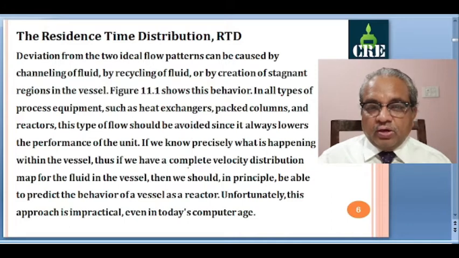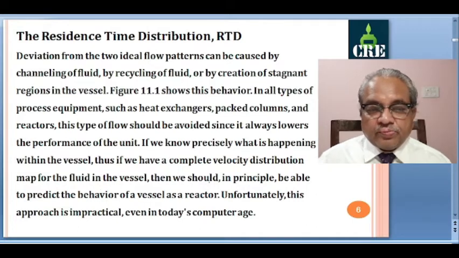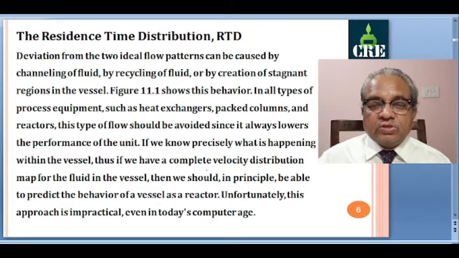Thus, if we have a complete velocity distribution map for the fluid in the vessel, then we should in principle be able to predict the behavior of the vessel as a reactor. For this, we should know the complete velocity distribution map, and this is not easy. It is believed that unfortunately this approach is impractical. This velocity distribution is a random phenomenon.